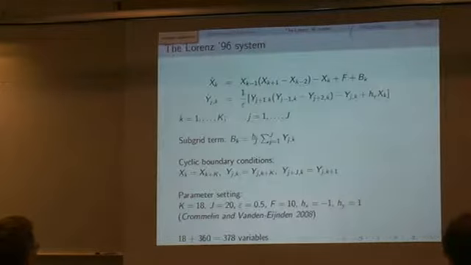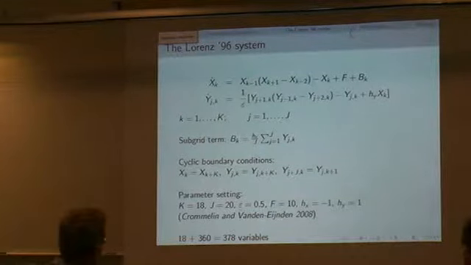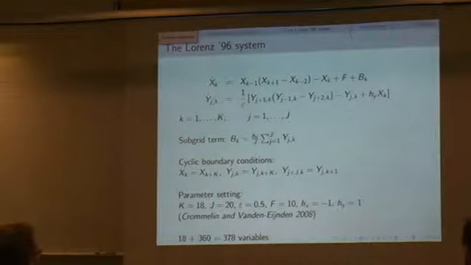I'm studying my scheme in the context of the Lorenz 96 model. Just briefly, I think some of you know this very well, maybe some not. So that's the Lorenz 96 system. It's a two-scale system. It has variables x and y. X variables are large-scale variables on a slower time scale. The y variables are on a smaller spatial scale and faster temporal scale.